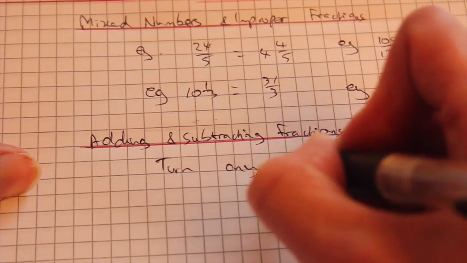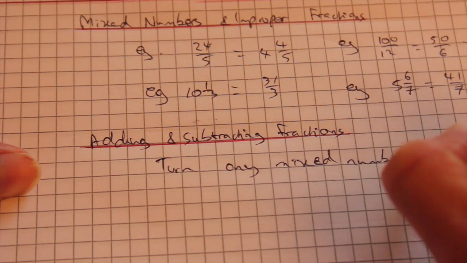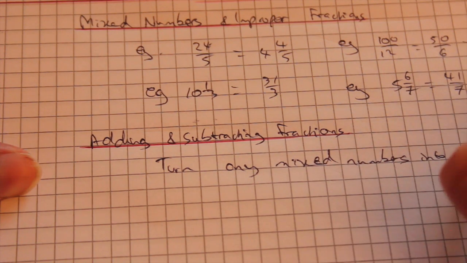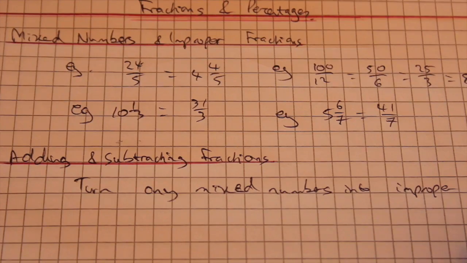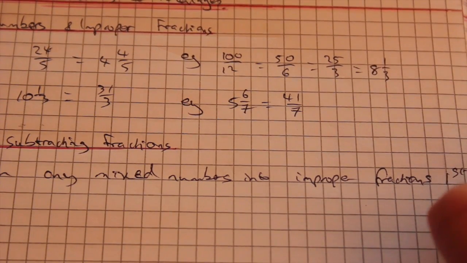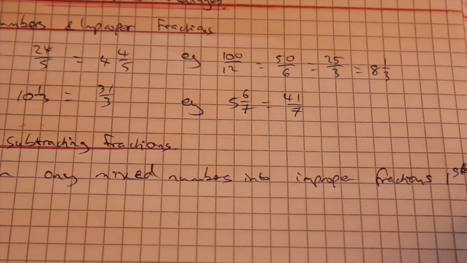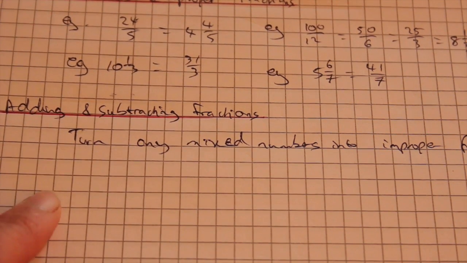Turn any mixed numbers into improper fractions first. That just makes life a lot easier. You can sometimes get away without having to do this, but it can end with a few problems.